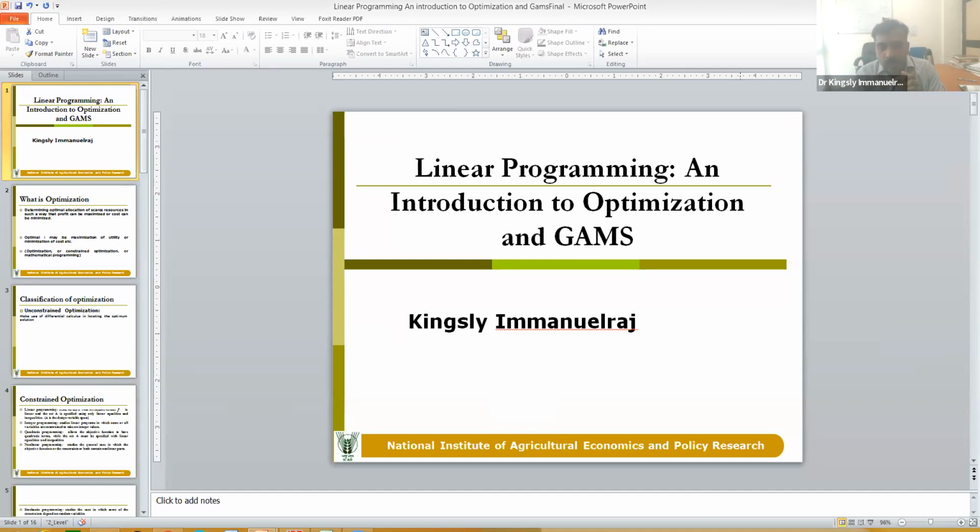Okay. Now we come to integer programming, which is a little bit different from linear programming. It studies linear programs in which some or all of the variables are constrained to take integer values. For example, water you can divide, like land also you can divide.